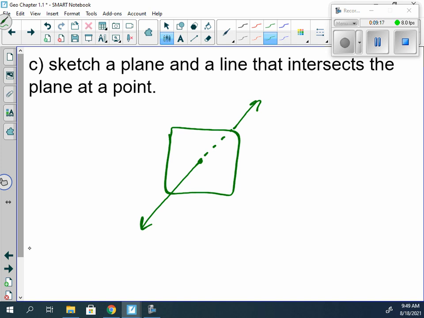Pencil. So really what we were saying is that the plane I drew originally is like this, and the line is essentially doing this. So it's only intersecting at that spot where it makes contact with the plane.